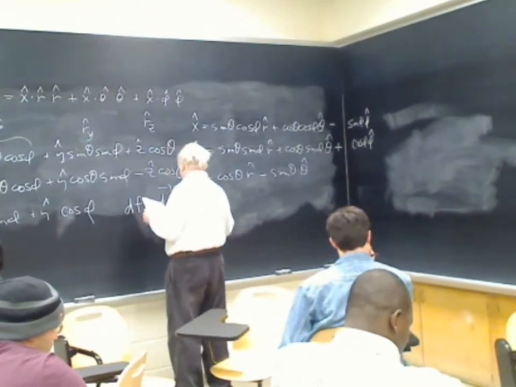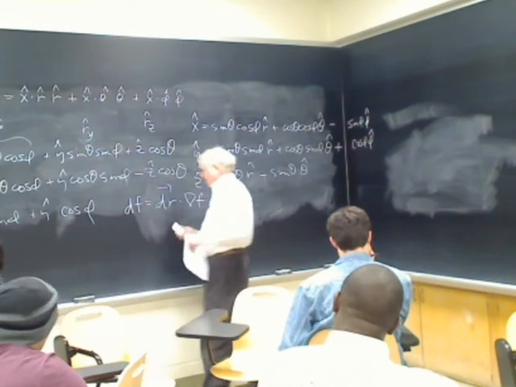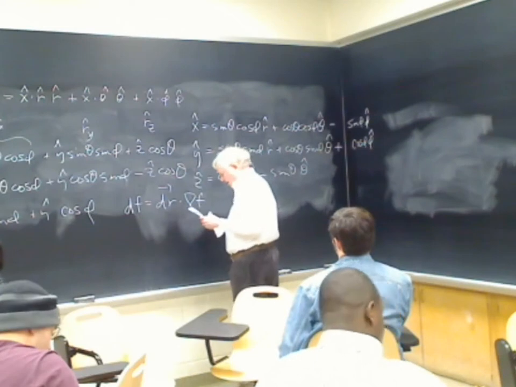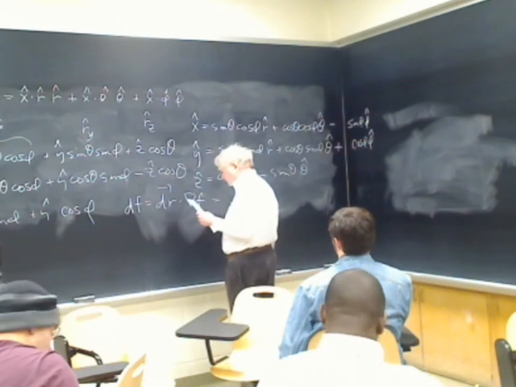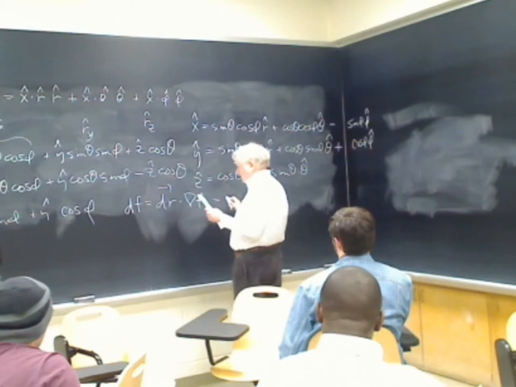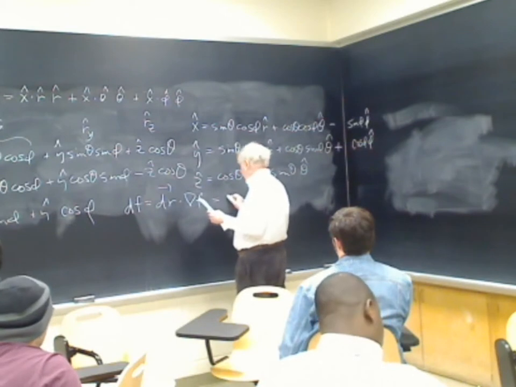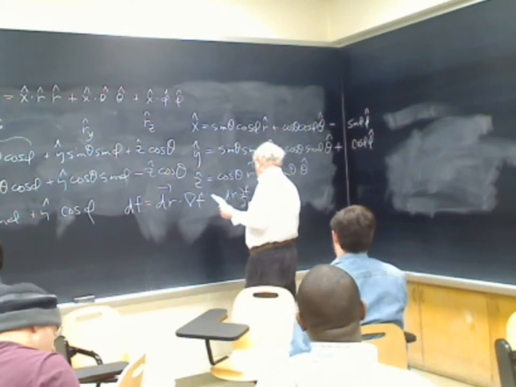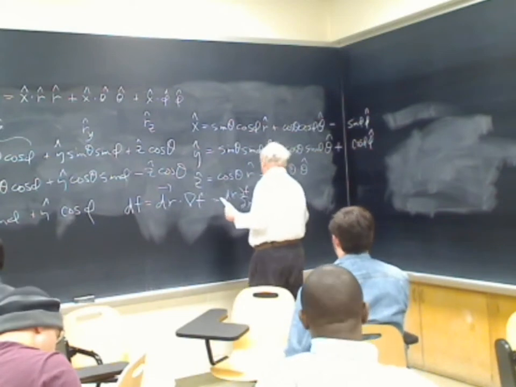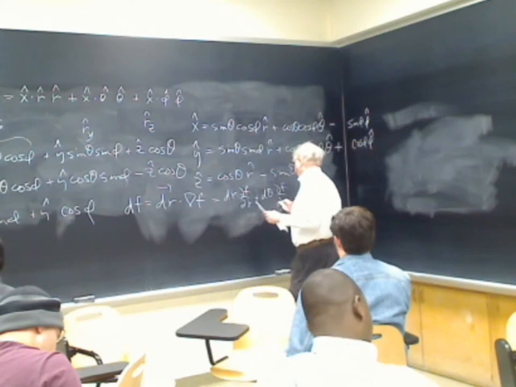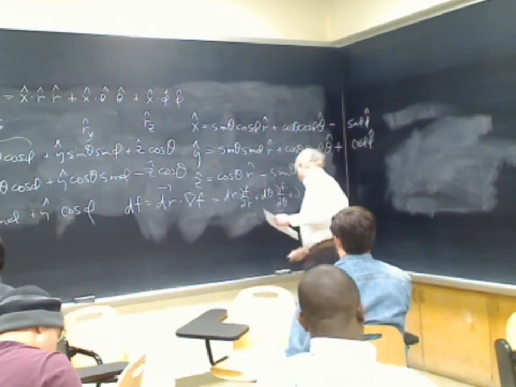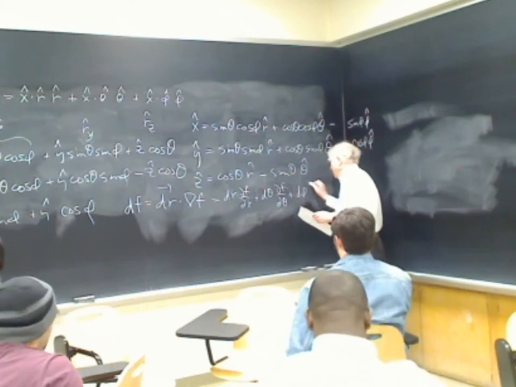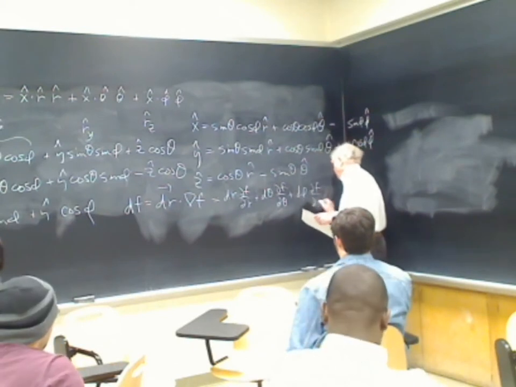dr dot grad f is the change in f, and the change in f is certainly dr times partial f partial r plus d theta times partial f partial theta plus d phi, change in phi, times partial f partial phi, that's for sure.